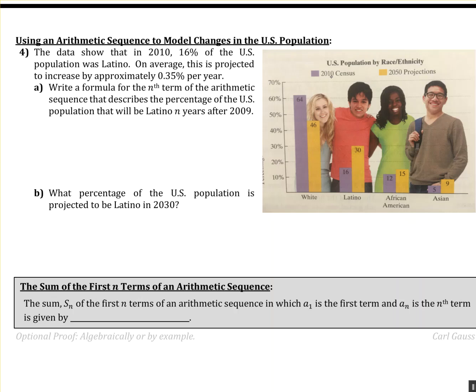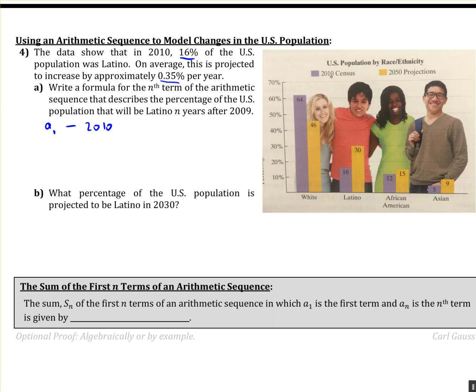Okay, so first things first, make sure you recognize a couple things. If we call our formula A_n, A_1 will represent 2010, because when n is 1, that's 1 year after 2009. So A_1 represents 2010. Another thing to recognize is that we want to describe the percentage. So we're not going to convert 16% to 0.16 and that to 0.0035.